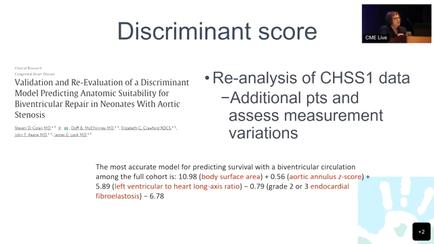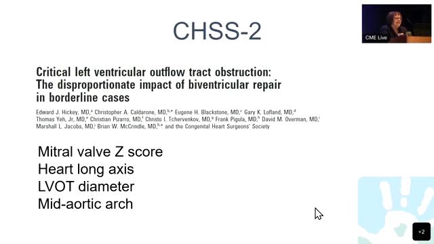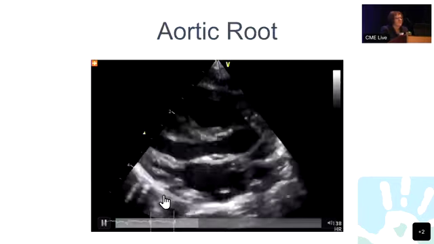The discriminant score was a reanalysis of the CHSS-1 data with additional patients and assessing measurement variation impact. So similarly it looked at aortic annulus Z-score, LV to heart long axis ratio, and EFE. And then the CHSS-2 data focused on mitral valve Z-score, again heart long axis, LVOT diameter, and mid-aortic arch.